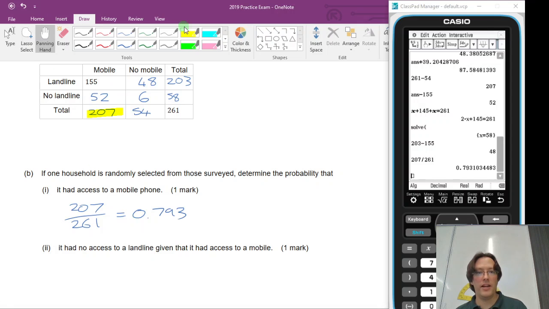It had no access to a landline, given that it had access to a mobile. So for these ones, I like to remember that when we're dealing with givens, we're looking at only this section of the data. We're looking at the universe where everyone has a mobile. We don't care about these ones. So no access to a landline, that's going to be 52 out of 207.